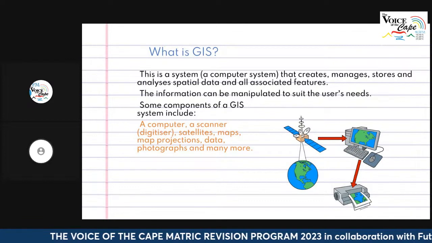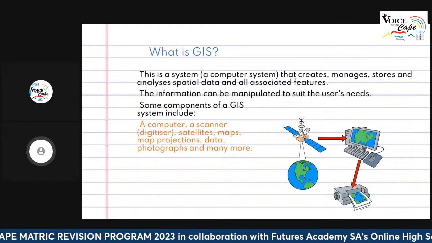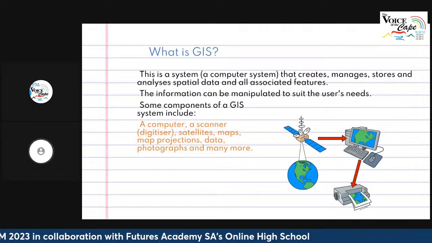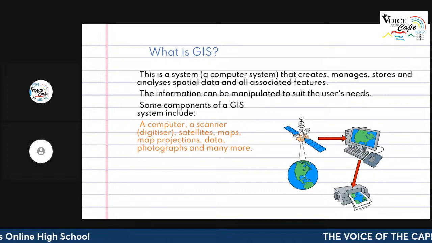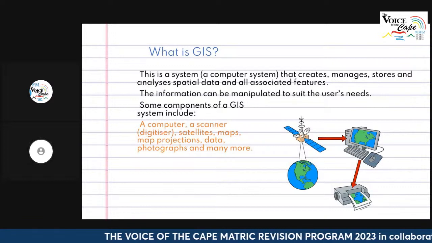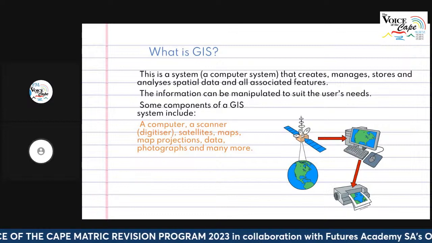Please remember that it is a computer system that not only creates, manages and stores, but also analyzes spatial data and all associated features. What we actually use GIS for is to manipulate data to suit a user's needs.